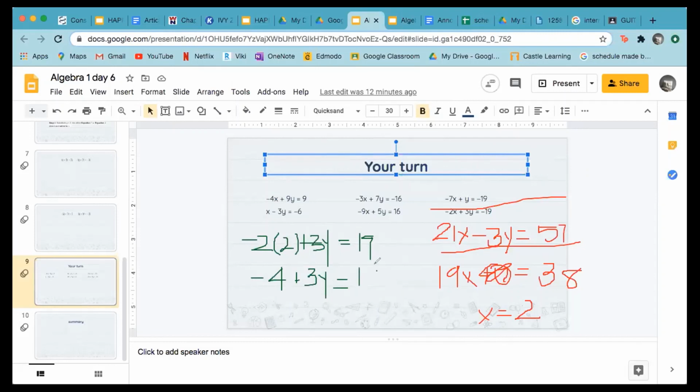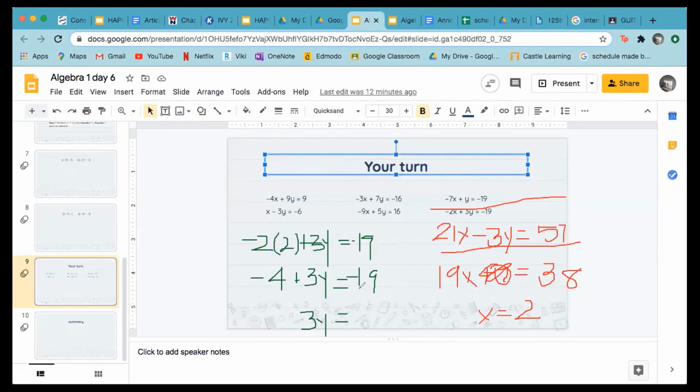Okay, what do you do now? You add 4 to 19. Okay, so what's your new thing? Sorry, this is negative 19. So same thing, plus 4.